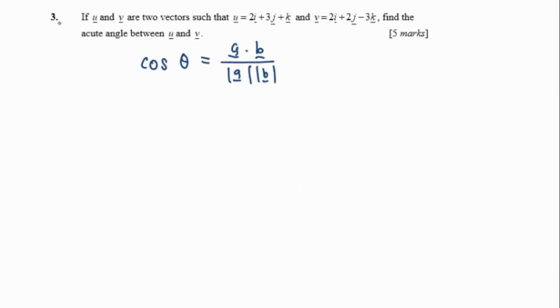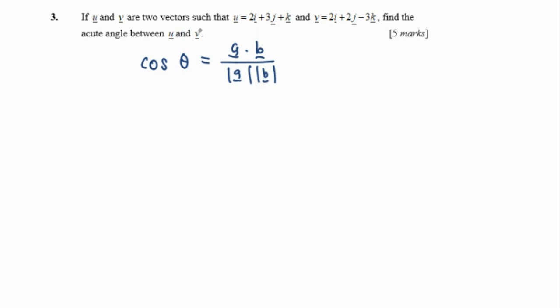Next, for question 3, vector u and vector v are two vectors such that vector u is equal to 2i plus 3j plus k and vector v is 2i plus 2j minus 3k. Find their acute angle between u and v.